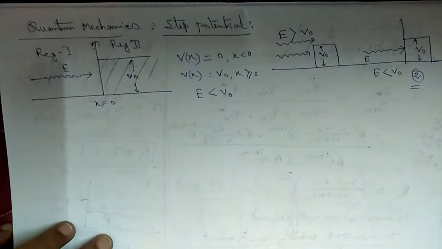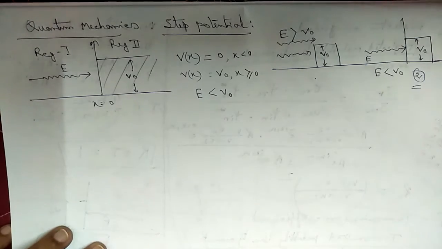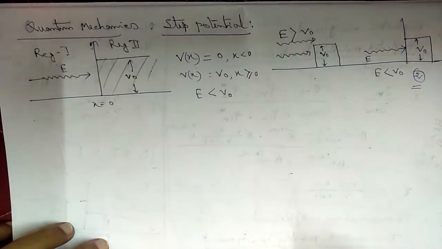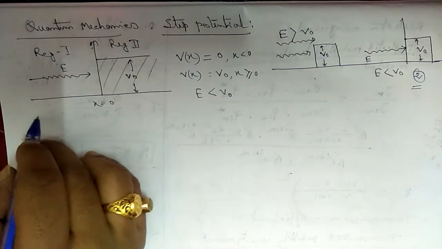In both regions we have to look at the probability that the particle will travel through the barrier or not. We look at everything first from the classical mechanical point of view, then from the quantum mechanical point of view.